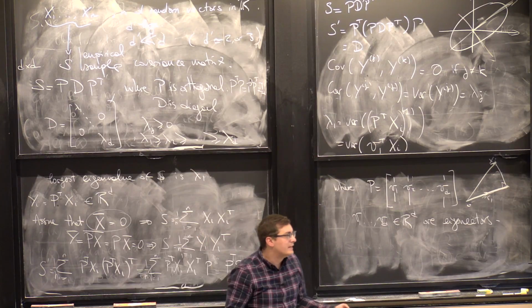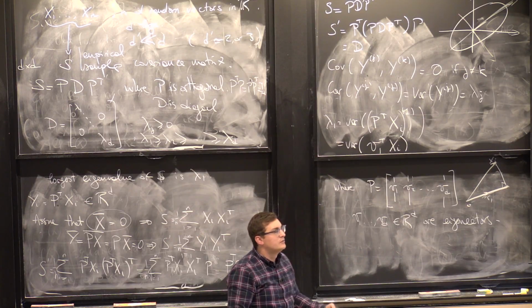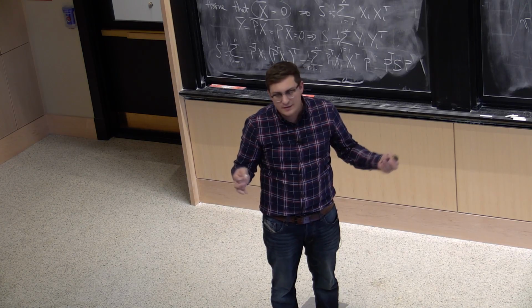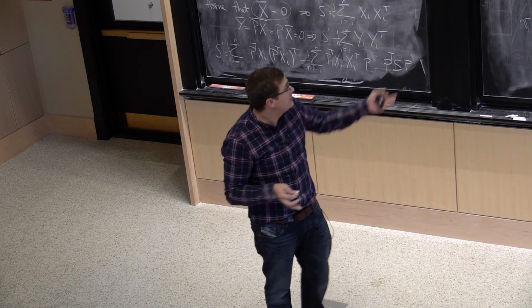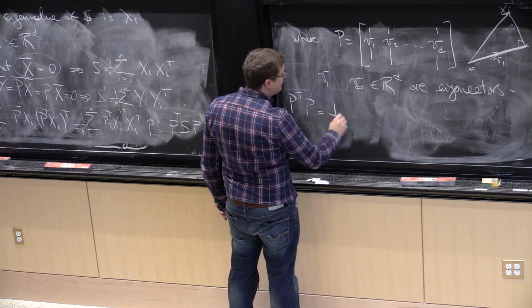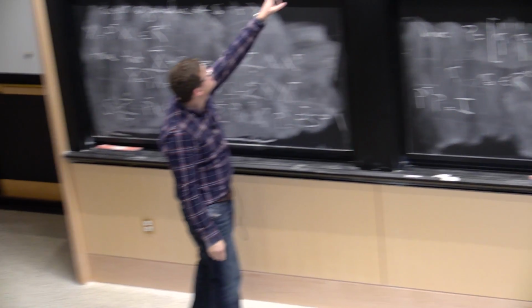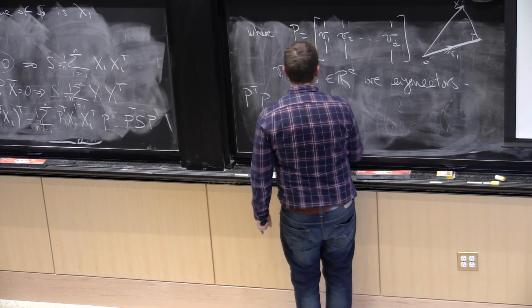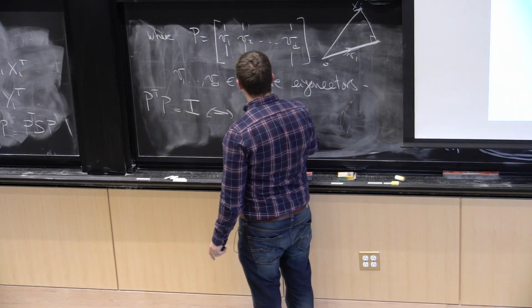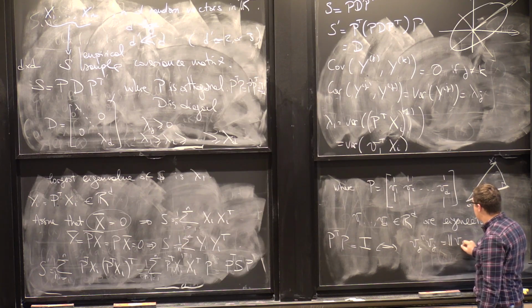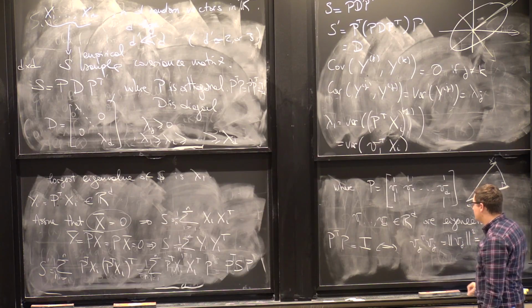If v1 has length 2, this is really just twice this length. If v1 has length 3, it's 3 times this. But since P satisfies P transpose P equal to the identity, that's an orthogonal matrix, this is saying the same thing as Vj transpose Vj, which is really the norm squared of Vj, is equal to 1.